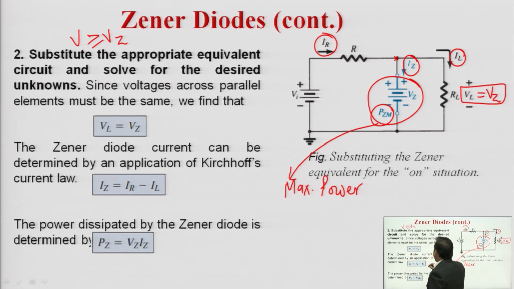So, we can find IZ equals IR minus IL, where IZ is the current entering the Zener diode. Now, PZ is the power dissipated by the Zener diode, and this can be given as PZ equals VZ multiplied by IZ. VZ is the Zener voltage and IZ is the Zener current. And also this PZM, I have already told you, is the maximum power dissipated by the Zener diode.